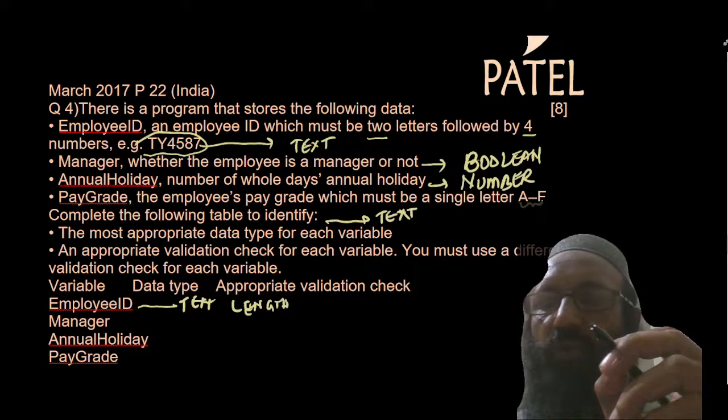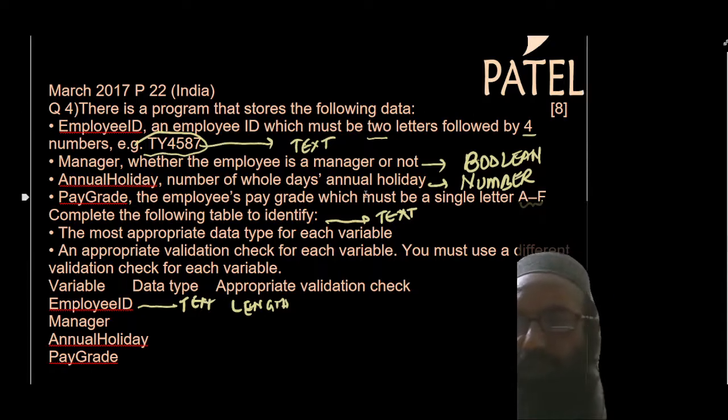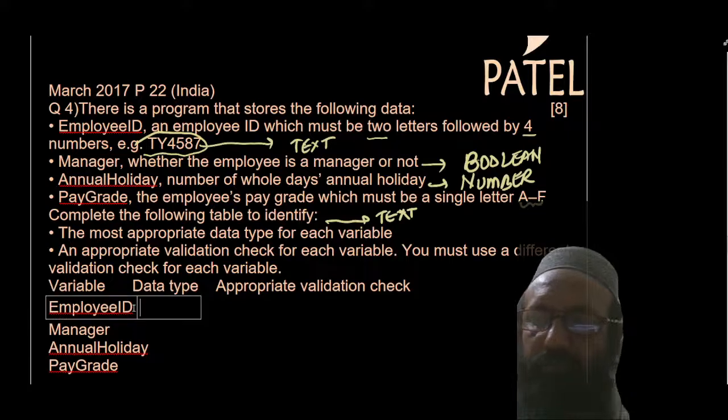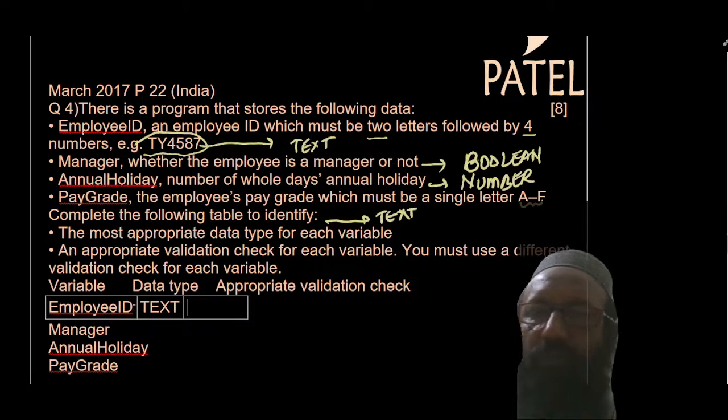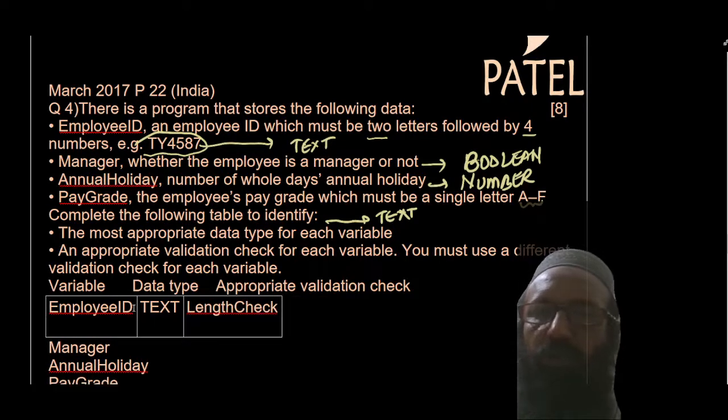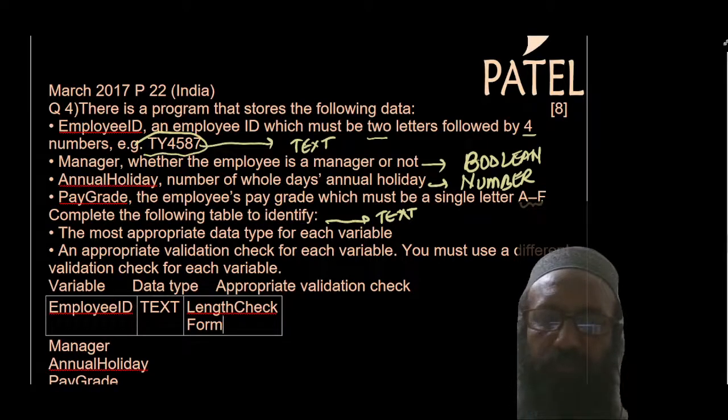Acha, here you can also use, you wrote length check, it can also be format check, because it says that the data type is text, and yes, you can use length check, you can use format check.